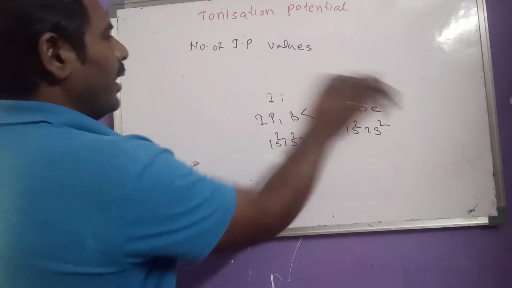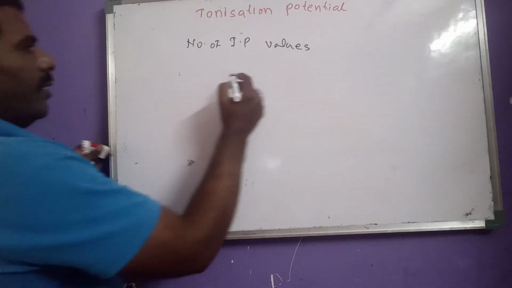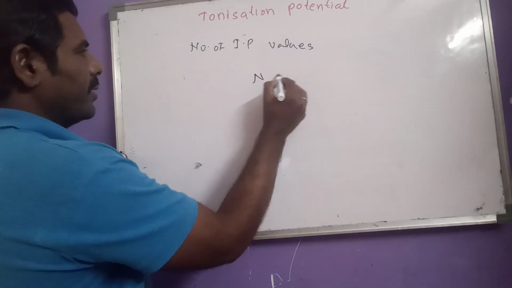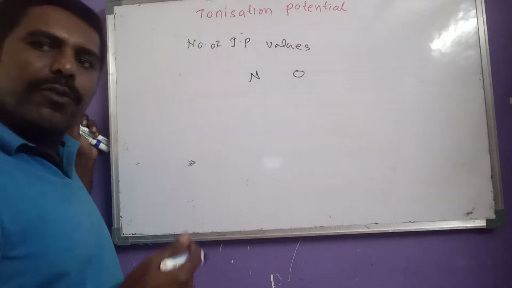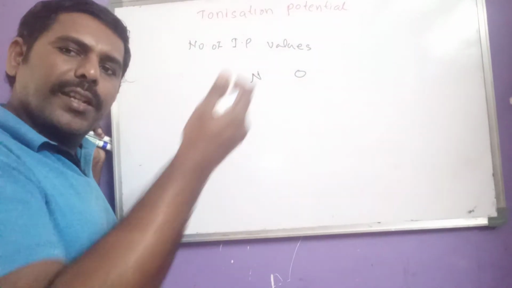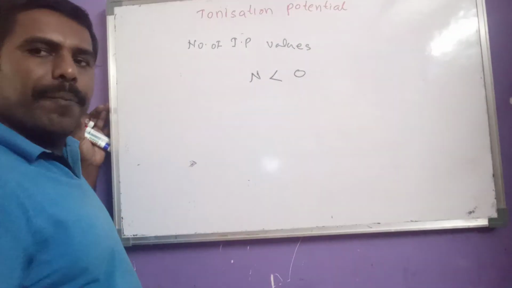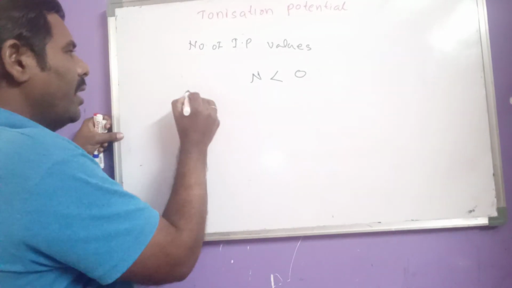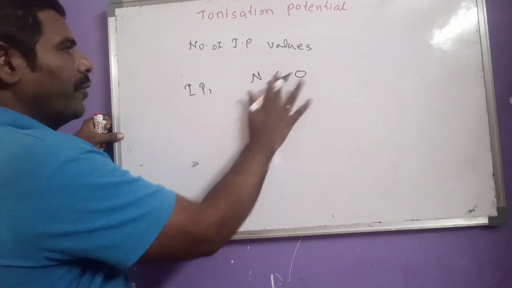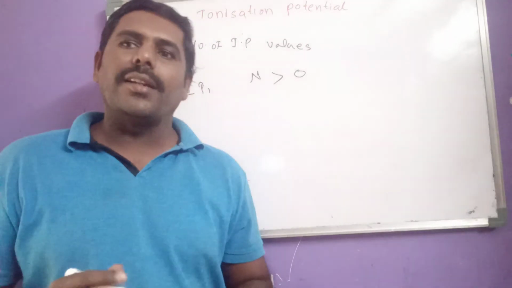Similarly, another question we get here. In a period from left to right, when we come to fifth A group and sixth A group elements, generally ionization potential increases. That means nitrogen IP1 should be less than that of oxygen. But IP1 of nitrogen is greater than that of oxygen. Why?